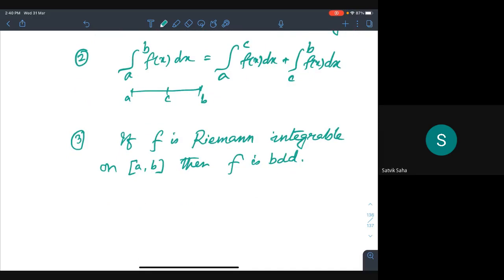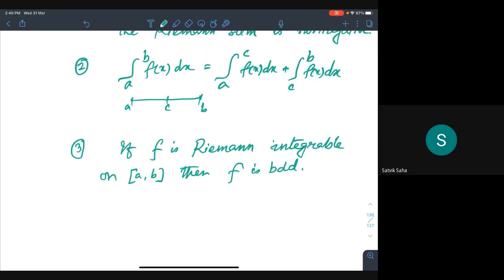Boundedness is not required actually in the definition. What is required is that your infimum and supremum are finite on each small part to define the upper sum and lower sum.